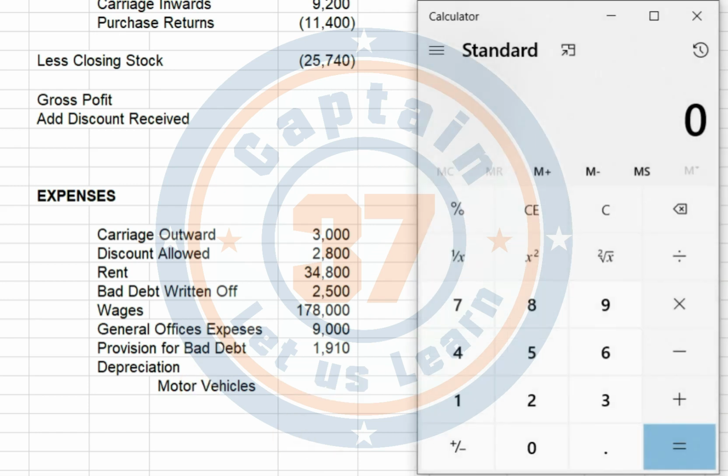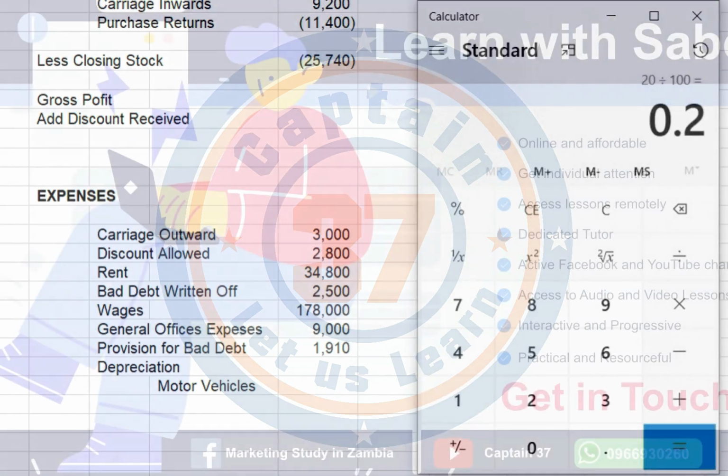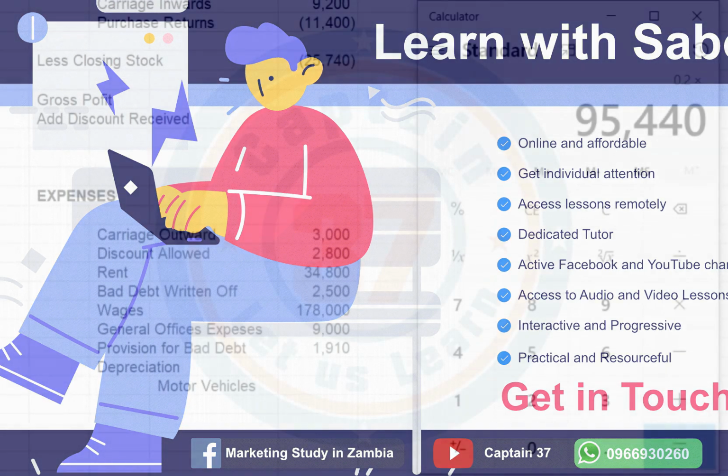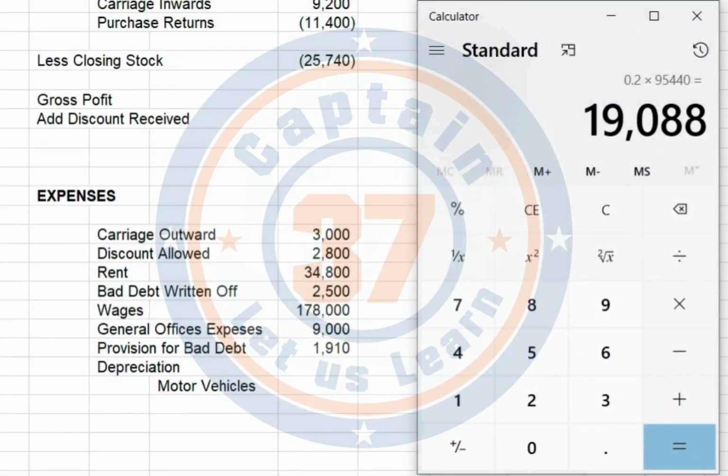So we'll get the calculator and we'll do 20% multiplied by the value of the motor vehicle, which was 95,440. This gives us 19,088 kwacha, and that's what we're going to write here.